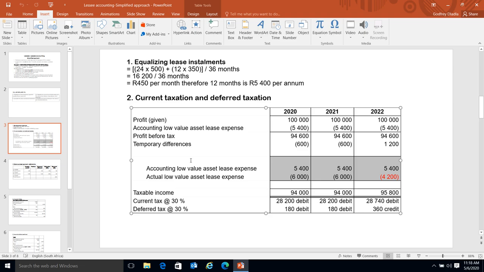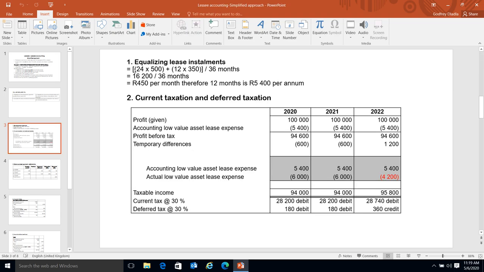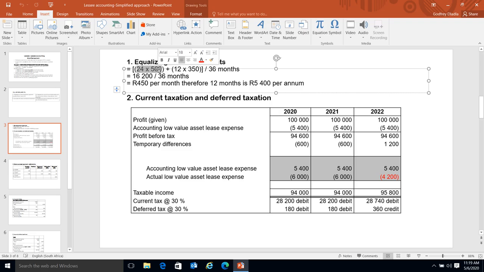Now, be careful here. All right. You remember what I was saying here about reading this? What will happen if this thing was saying including? If it was saying including here, when you get to here, you'll say 24 months times 500 times 100 over 115, meaning you're taking out the VAT.